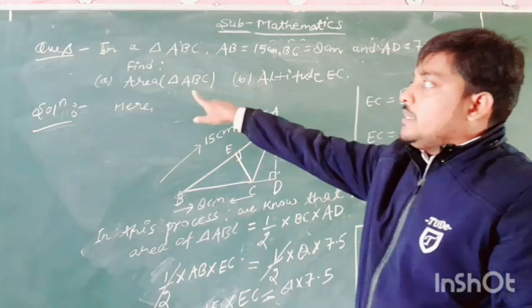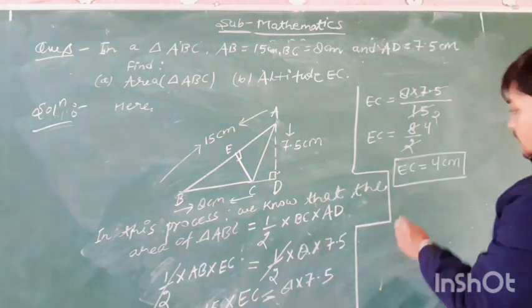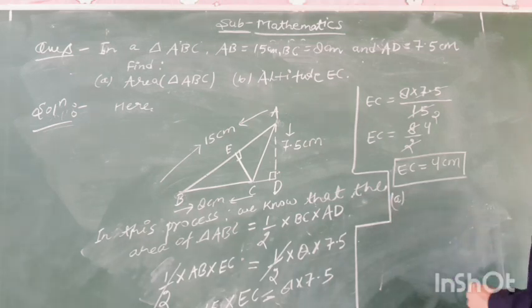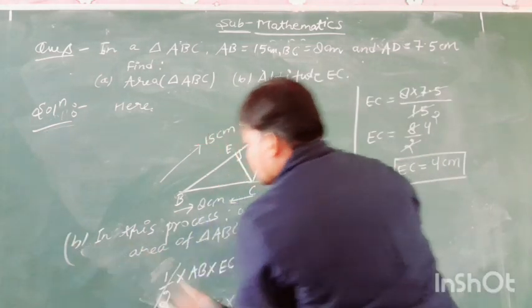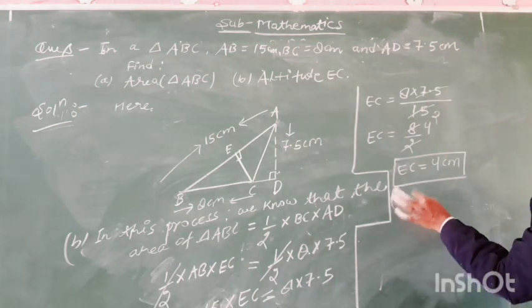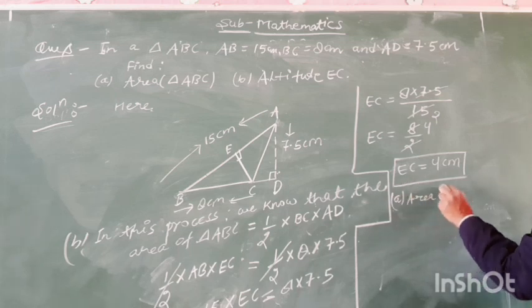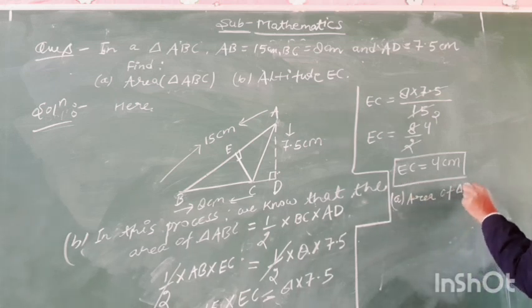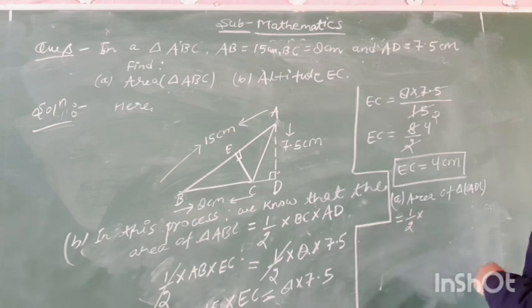And in the A part, we have to find the area of a triangle ABC. So this is the second part, and in the first part, area of a triangle ABC is equal to 1 by 2 base.